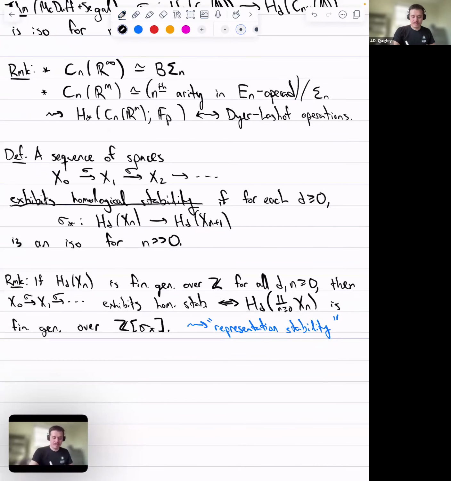Okay. At least that's sort of how I understand representation stability, but I'm not an expert, so I could be off. Okay, I want to go on to equivariant stuff now. Are there any questions before I do that?